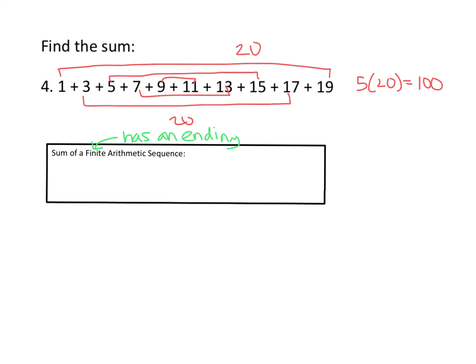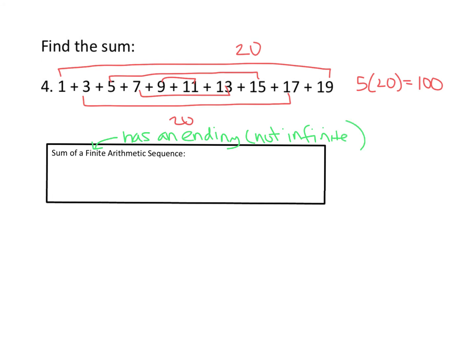So my last value of this is 19. Occasionally, you'll see something that just goes on. It has a plus and then dot, dot, dot afterwards. That's what happens when you have an infinite sequence being added together. But finite means it has an ending or it's not infinite.